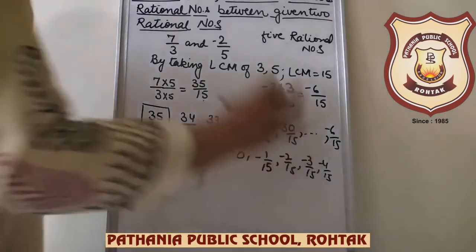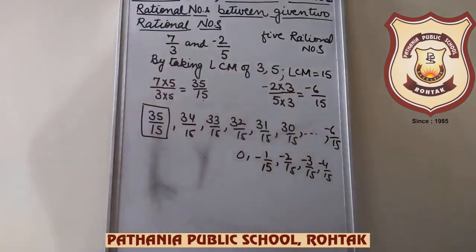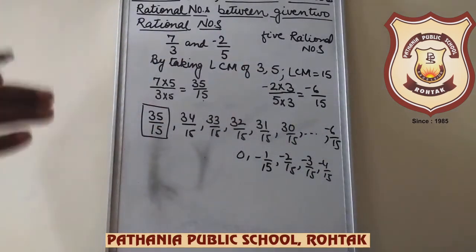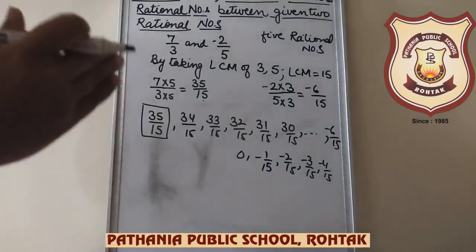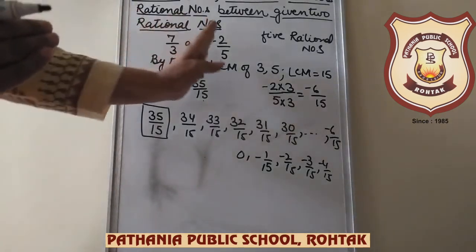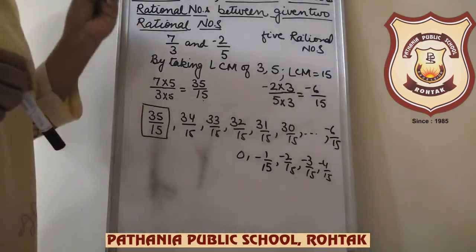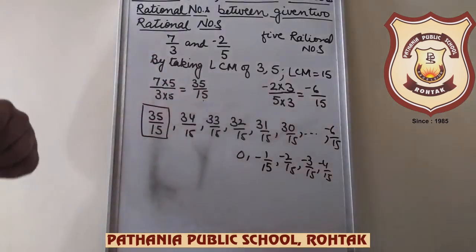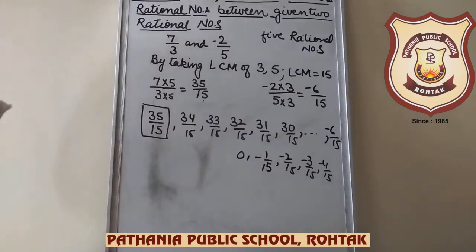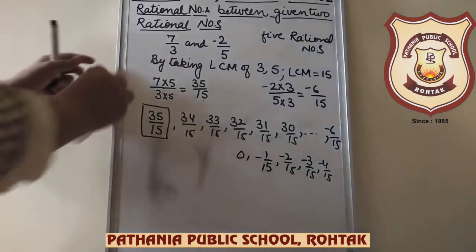So like this you can write any 5 rational numbers, because those numbers, they will lie between these two. Okay, they are between these two. So like this you can find infinite number of rational numbers between given two rational numbers.